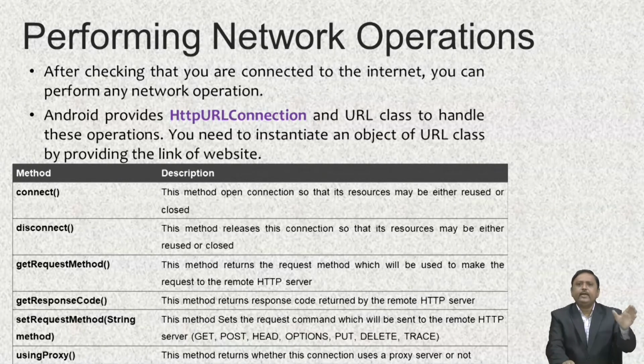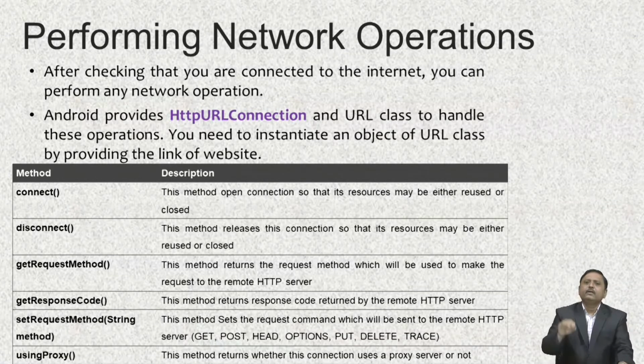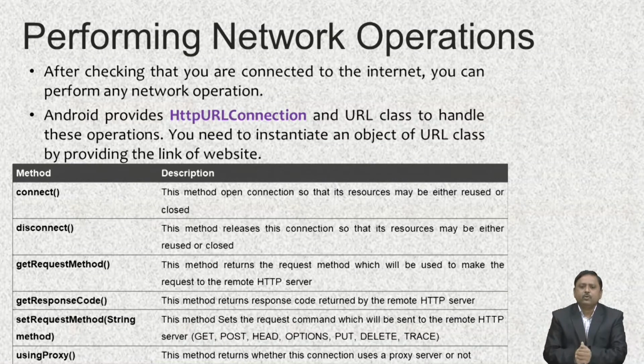There are many constants defined inside the HttpURLConnection class which return response codes. So this method returns the response code returned by the remote HTTP server, so that you can know whether that link is available, whether that page is temporarily moved, whether it is available, whether it is unavailable, whatever the status is, you can know using this response.